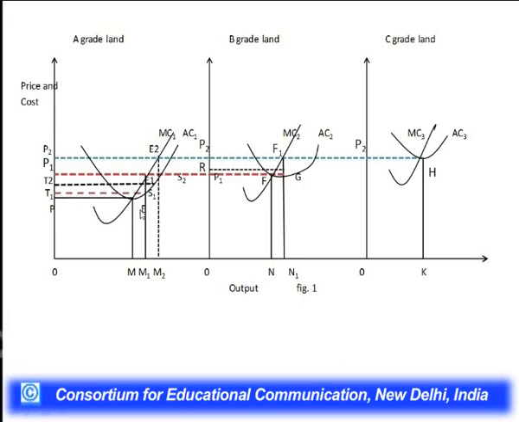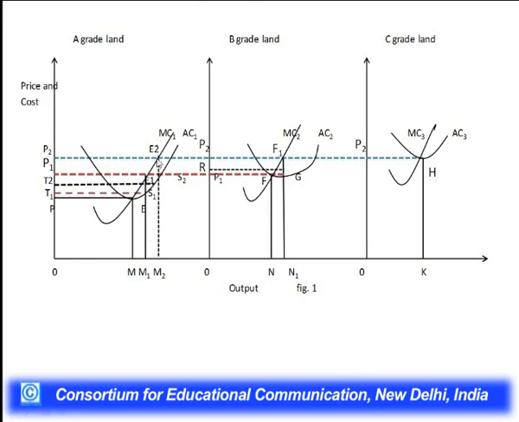And when more doses of labor are employed to increase production, as the demand for food grain rises, the price rises to OP2. Now at OP2 price, the production is OM2 and the dose of labor and capital is more.